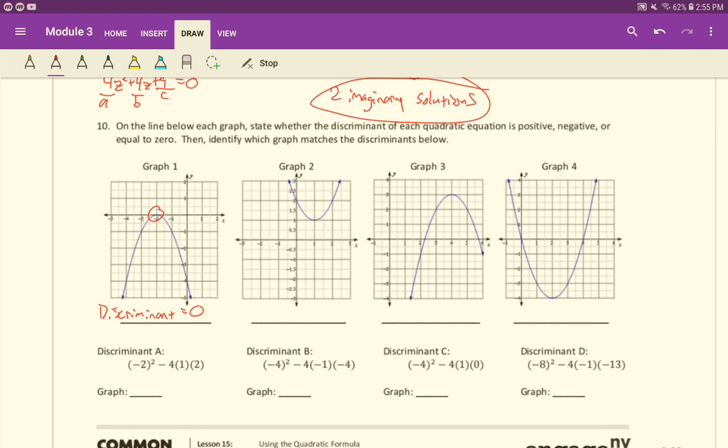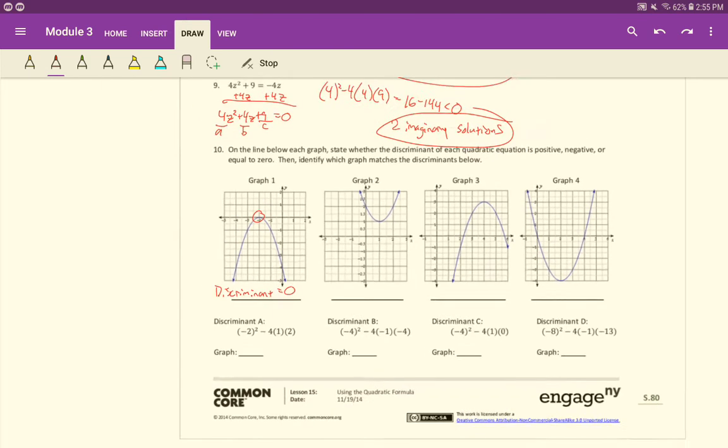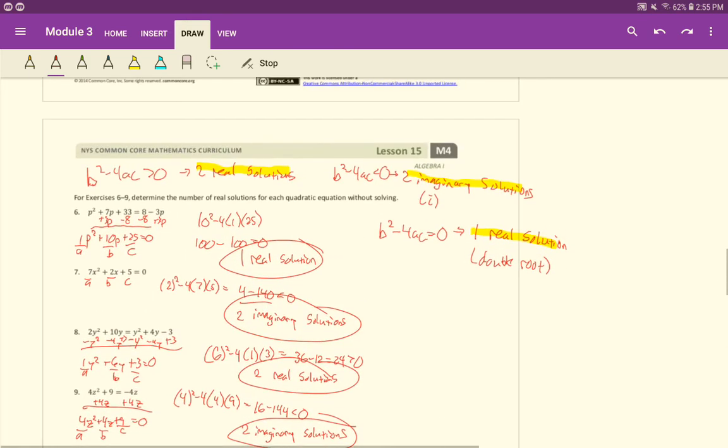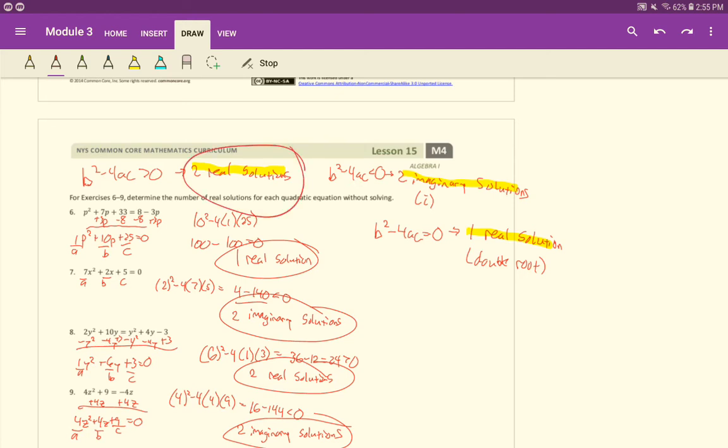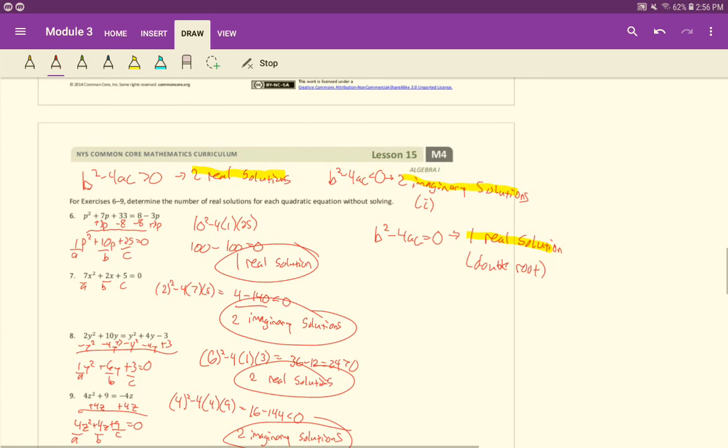Okay, let's hold off on this one right now because we don't really see any intersection. Well, actually, no, let's go ahead and do this one. So what about this graph? Where does it equal 0? It never equals 0. Okay, now we don't have an option here for never equaling 0, right? We only have 2 places where it equals 0, 2 real solutions. We have 1 real solution, 1 place where it equals 0, and we have 2 imaginary solutions. Okay, and that's where this situation is.